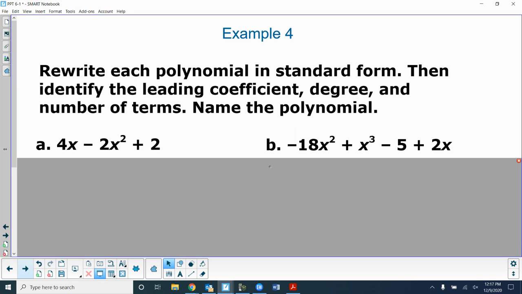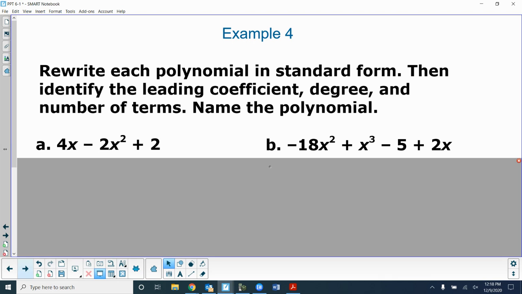All right. Right order. JR? A, sorry. Negative 2x squared plus 4x plus 2. Good. Leading coefficient, Alyssa? Good. Degree, Isabella? Good. Joey, how many terms? 3.